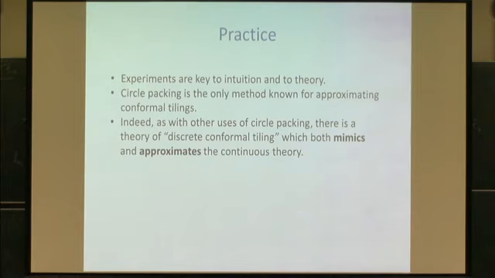continuous theory. So in circle packing, this is very common. You discretize something, and at the discrete level, you get structures which not only immediately mimic the continuous structures, but in the limit, under refinement, actually converge to them.